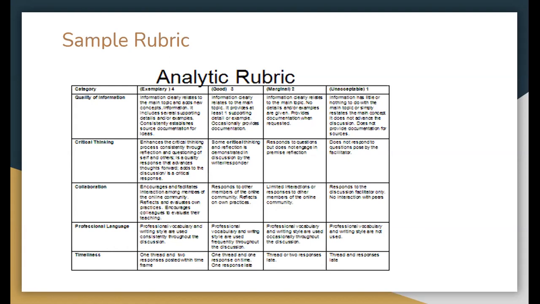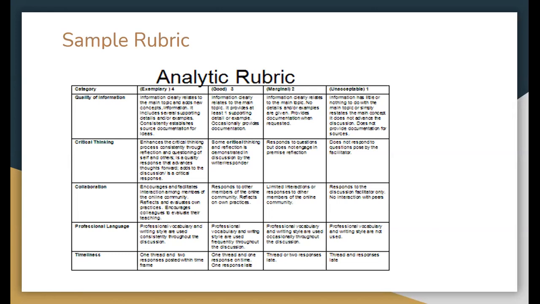So instead of putting the quality of education, the critical thinking, the collaboration, professional language, all into one box and saying all of those are exemplary, so that would be 4, and then the next one would be good, under each box you would have all of the criteria listed, starting with what is exemplary, and then it would show you within the same box where you could lose a mark.